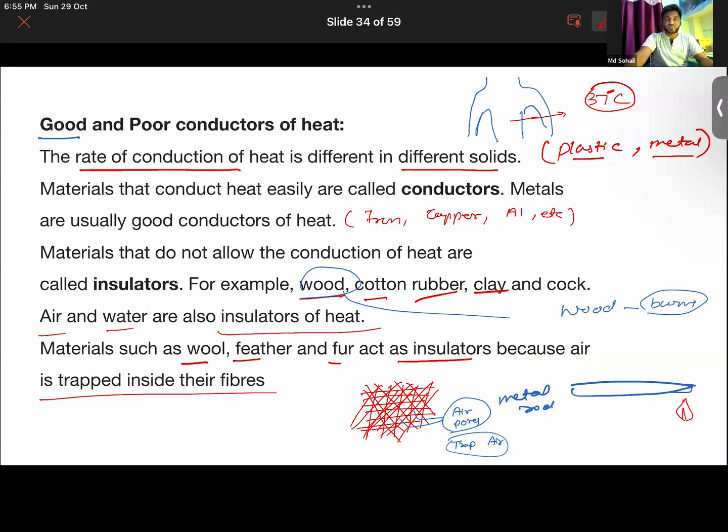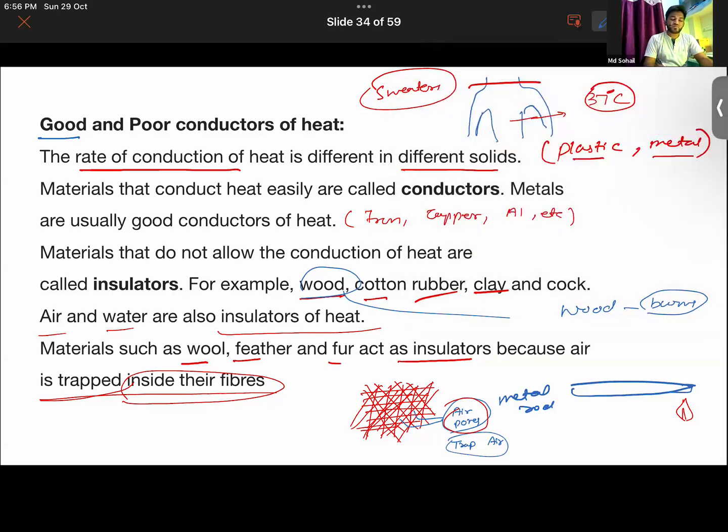Getting it now? Yes, sir. For that purpose, we wear sweaters. So sweaters will do what? Sweaters have very thin fibers in them, and there are air pores present in them. That air pore will trap the air. So what will basically happen?